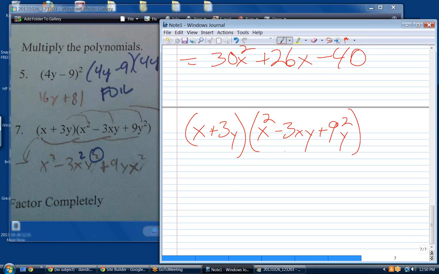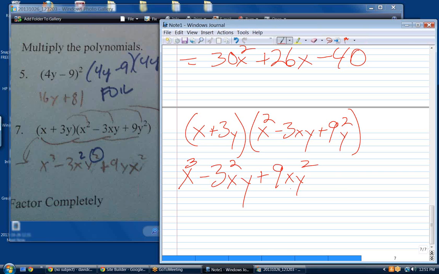All right, so let's do this using ET, which is every term by every term. So start me out here. It'd be x cubed is the first term, minus 3x squared y, plus 9y squared x.